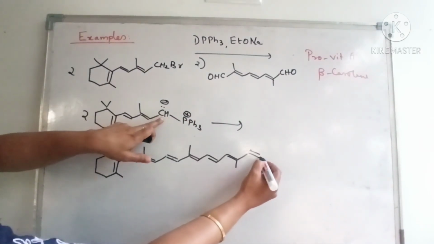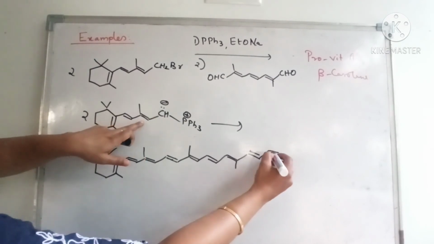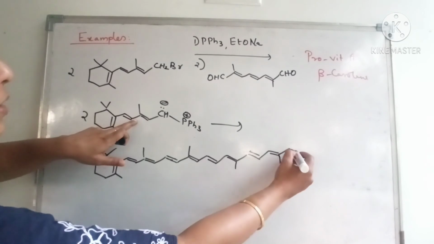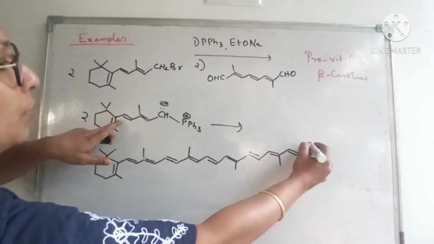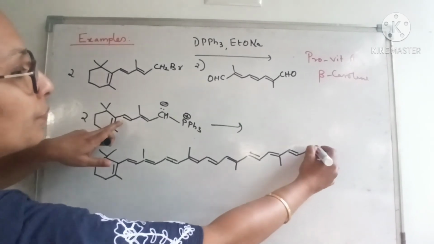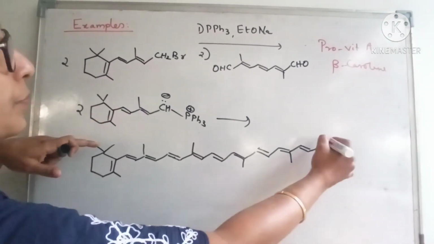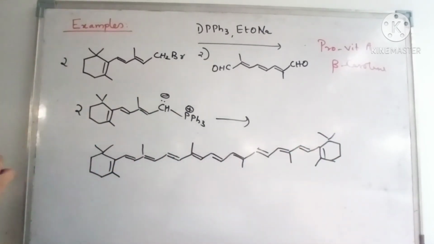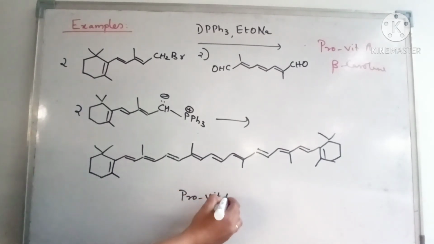Now this is CH, again single bond, then double bond, again methyl group, single bond, double bond, then our single bond, our ring, like this. Here double bond, here like this. This is the structure of provitamin A.